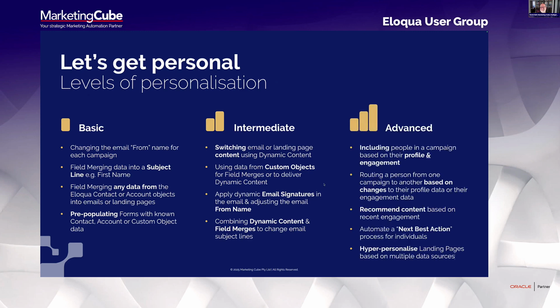And at an advanced level, it kind of keeps going, right? You can do a whole range of different things, moving people from one campaign to another, recommending content based on recent engagement. There's a whole lot of magic involved in there, by the way, with custom objects and programs and dynamic content and all sorts of things. We've done this with some of our higher education clients around a next best action scenario.